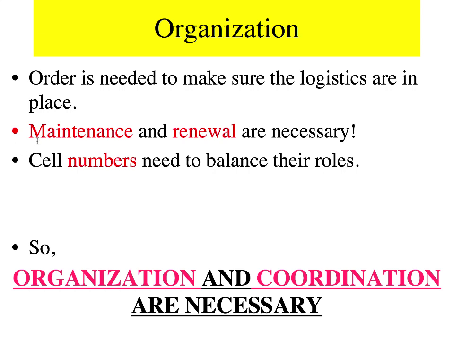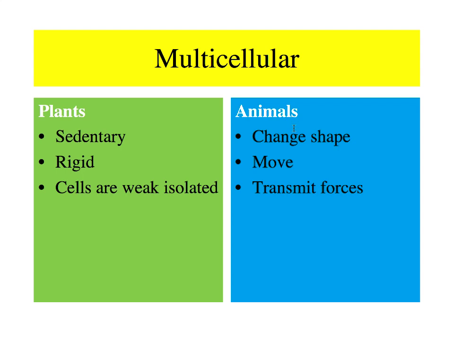Thus, systems are necessary for maintenance and renewal of cells when necessary. Thus, cells must communicate with each other so that they have some type of organization and coordination as necessary to function properly. This chapter specifically addresses multicellular organisms, of which the vast majority are plants and animals.